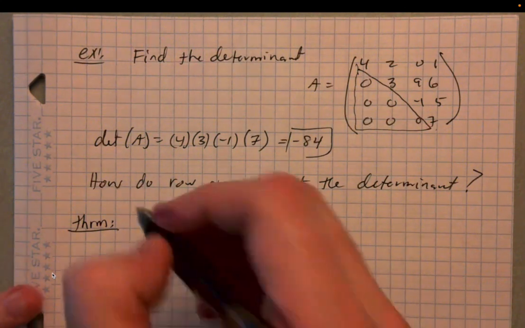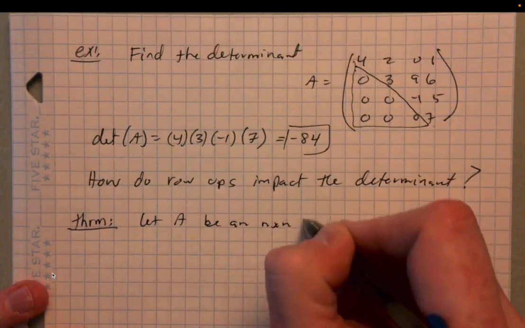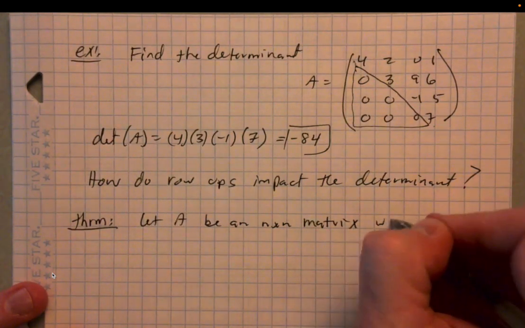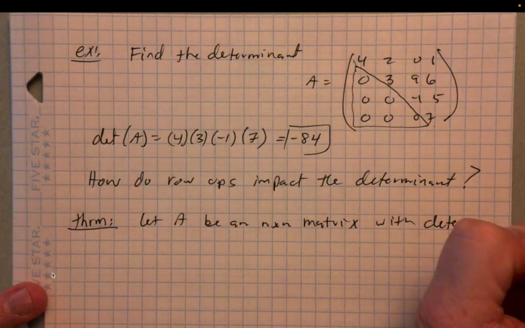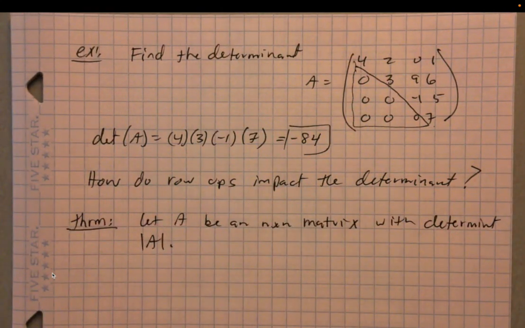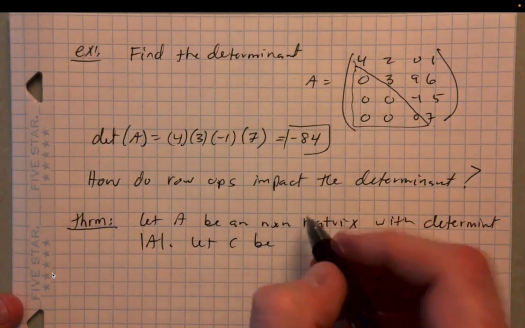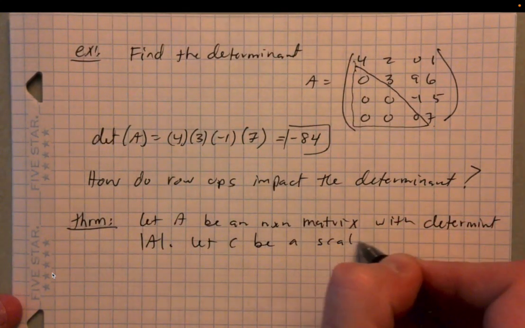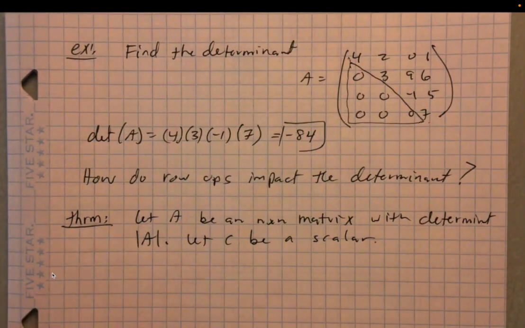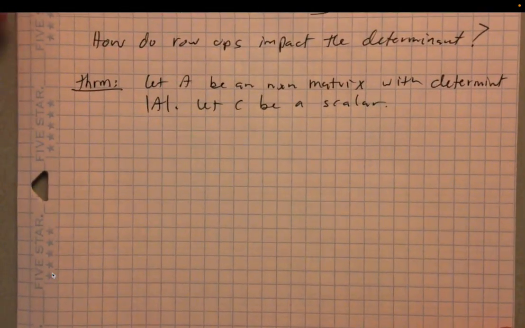So let A be an n by n matrix with determinant det A. Let c be a scalar, a real number. So let's talk about each of the row operations separately.